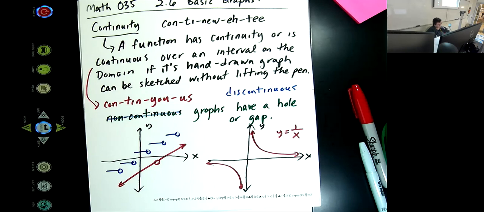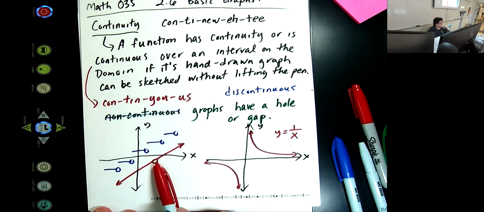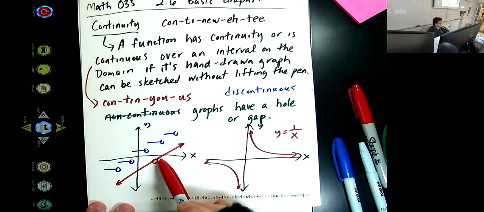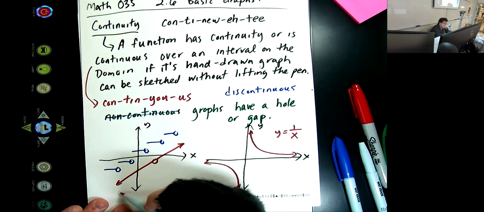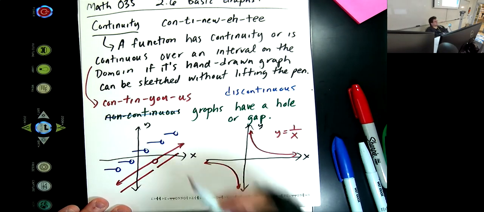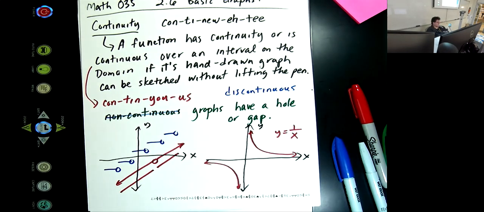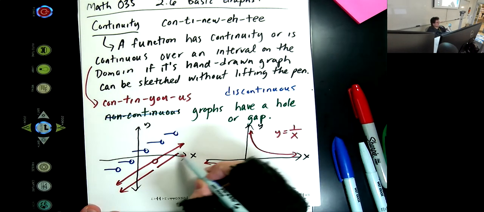If we have the hole like this, I could technically draw this line without lifting my pen. But if I don't put the circle where the hole is to emphasize it, the pen literally has to be lifted up and continue. We draw the circle to make sure you can see there's a gap there.